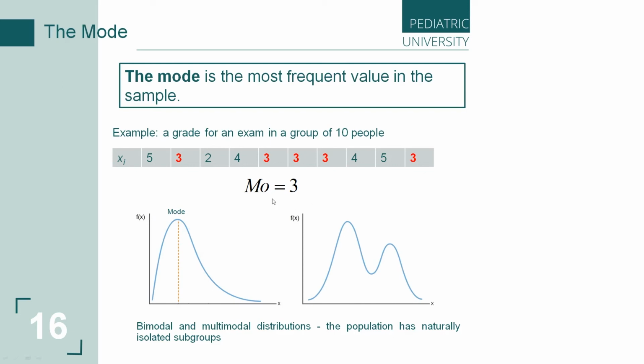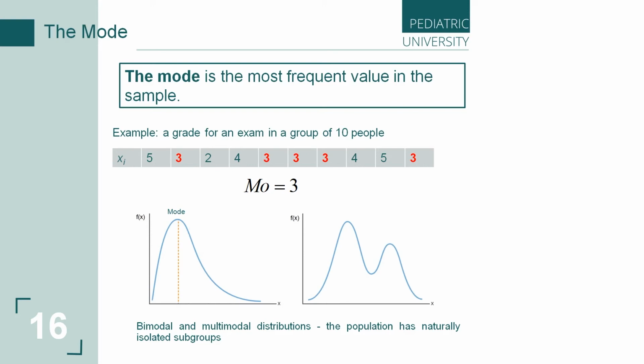If we have continuous data and we construct a distribution function, then the mode will be that value of x at which the probability density takes the maximum value. Yes, there can be bimodal or multimodal distributions, that is, when there will be, for example, 2 maxima.